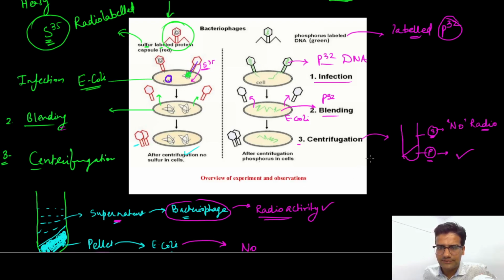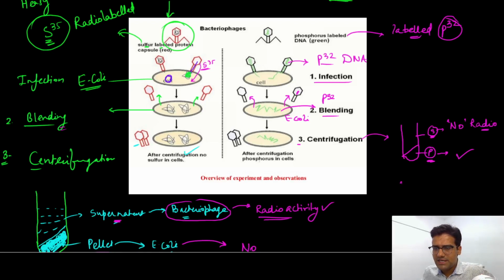That means the genetic material which was present in the bacteriophage cell was transferred from the bacteriophage to the E. coli cells. So, radioactivity being present in the pellet cells means that the DNA is transferred from the bacteriophage cells to the E. coli cells.